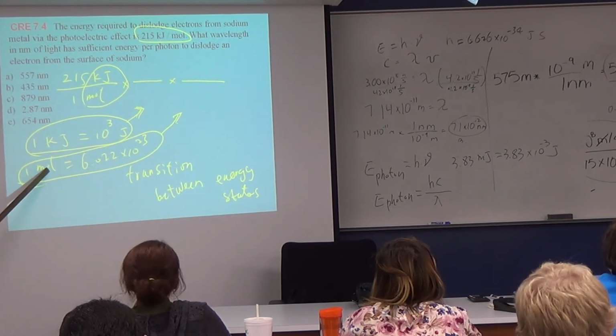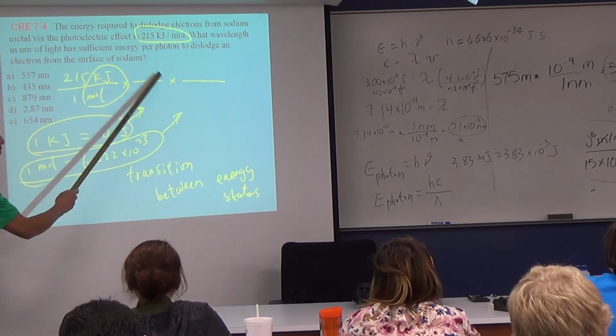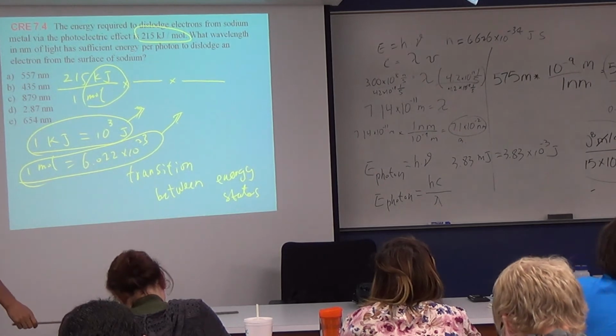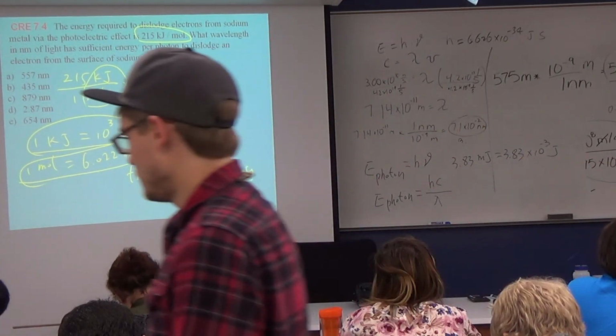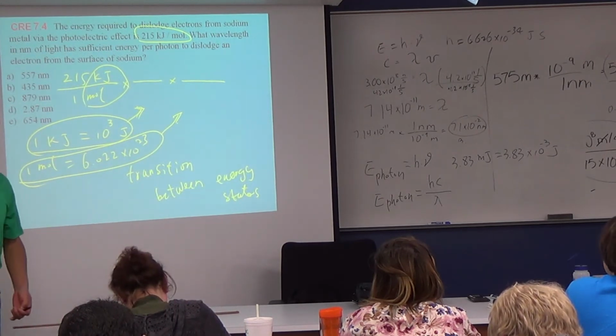And here you have the mole, so you can arrange it as a fraction to cancel out the mole. That number you get is this number. So do that first.